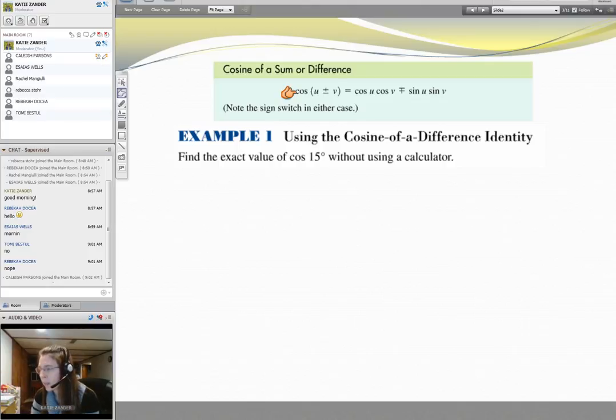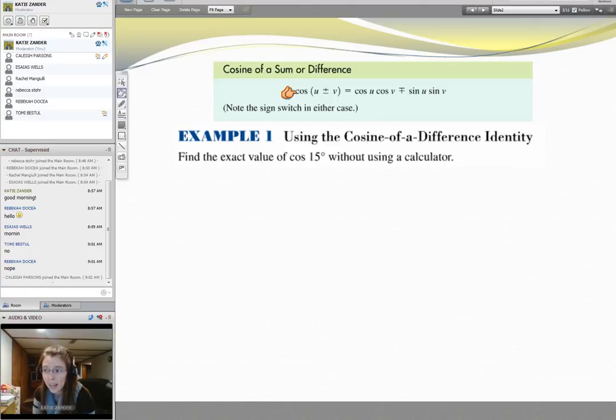So for example, I don't have cosine of 15 on the unit circle right now. It's not a spot that's on that 16-point unit circle. But can we find the value still if I can use 2 spots that are on the unit circle?